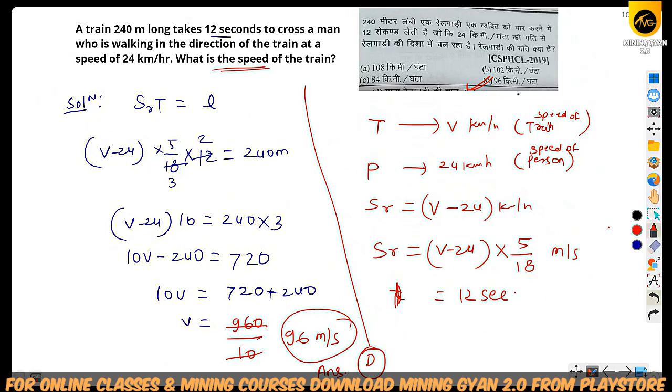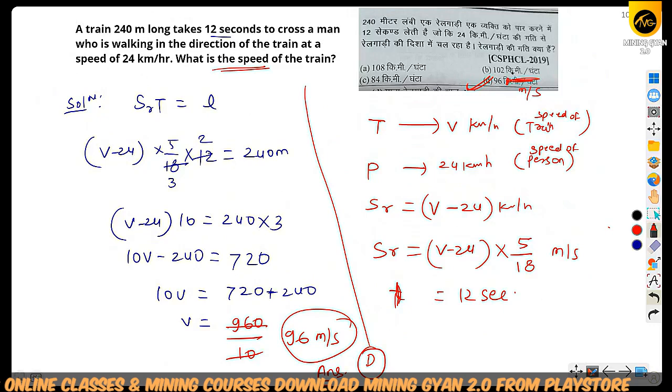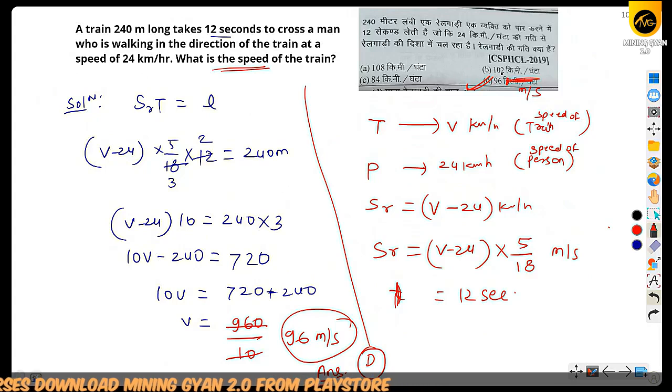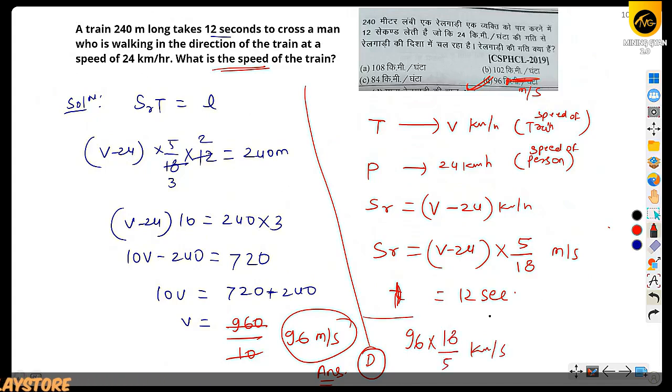Just imagine 96 meters per second, which is over 300 kilometers per hour. So basically this is logically a wrong question. Just multiply 96 into 18 divided by 5 to convert into kilometers per hour, ignore the options available in this case, and you can calculate the correct answer.